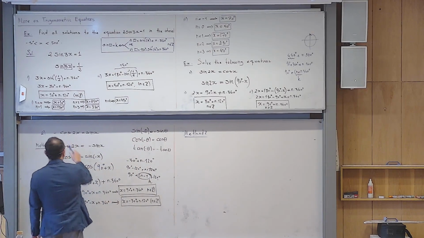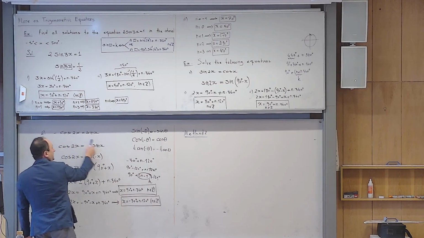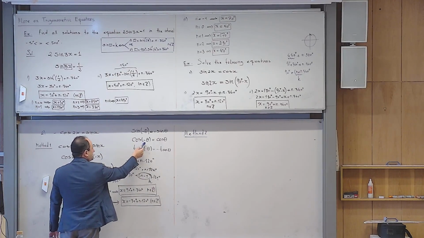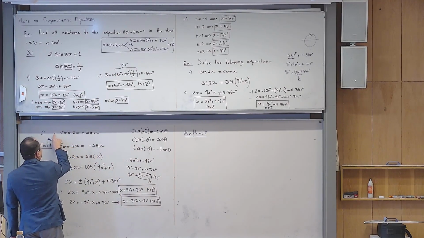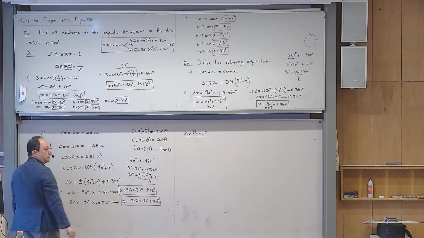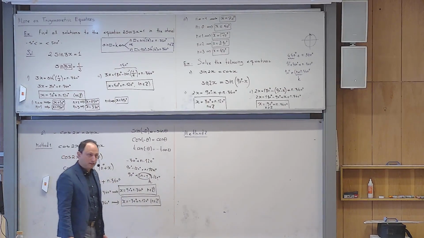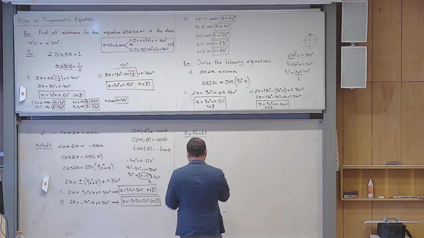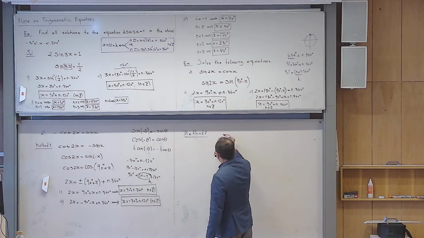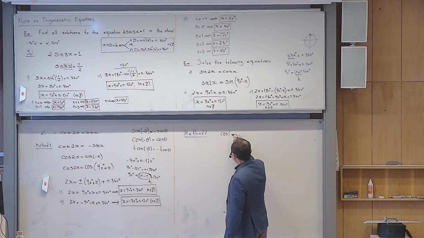Do you remember? Instead of minus cosine 2x, I cannot use this formula because this formula does not allow me to move the minus sign in. Yes, that's a little bit unfortunate. So what can I do? Instead of minus cosine 2x, I don't know how much you remember, you can write cosine of 180 degrees minus 2x.